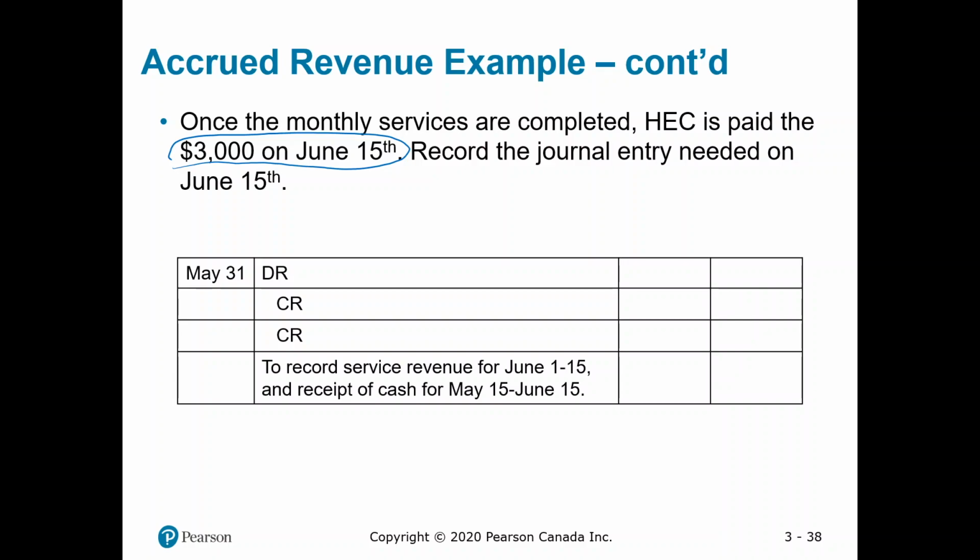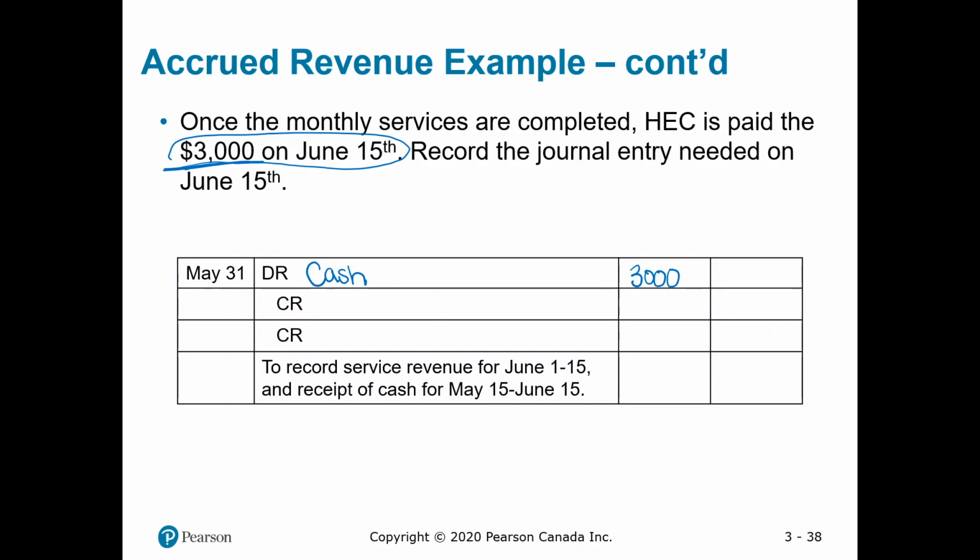So this is really important that you remember what's already been booked and what is still left to be recorded. So first of all, we know we're getting cash. So we're going to debit our cash, and we're getting this full $3,000. Because the full month-long service has been performed, we get that full amount.